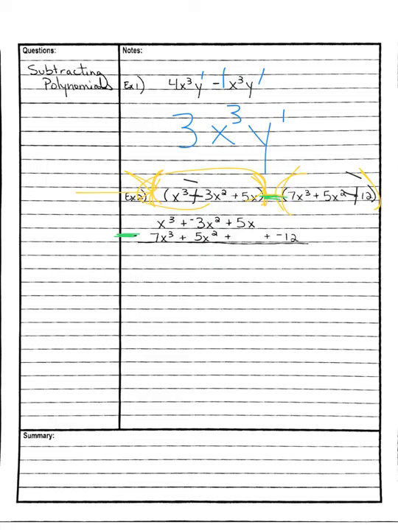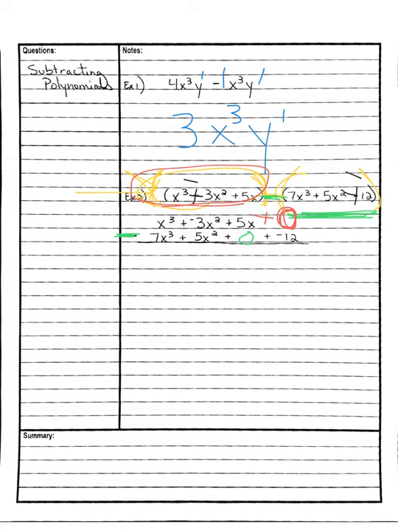This is probably the most common mistake, is we are subtracting here. I lined up my like terms on the bottom. Out of this second group, I don't have an x. There is nothing there. Think of it as 0. That's why I left a space. And out of my first set of parentheses, I did not have a constant. Think of it as 0.